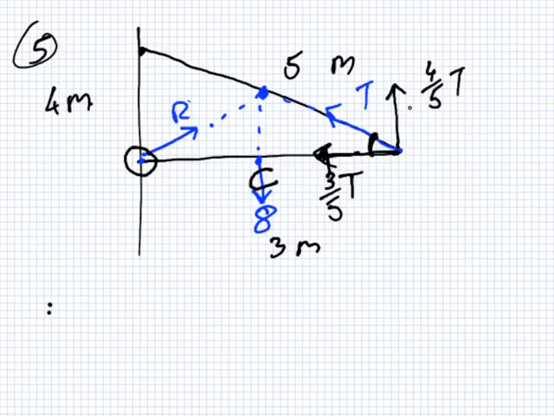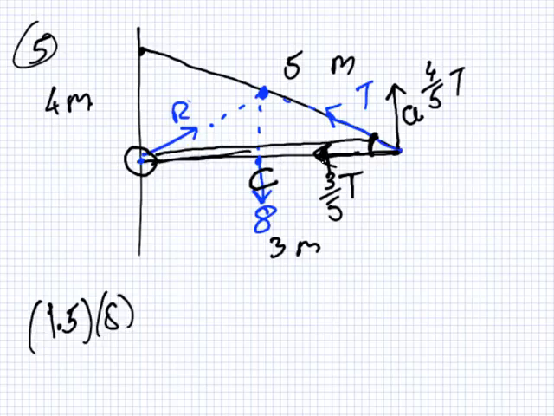And the sine one here is anticlockwise. So you can get 1.5 times 8 should equal 3 times 4/5 T. Right, so then let's see what the T is. I got 5 newtons.